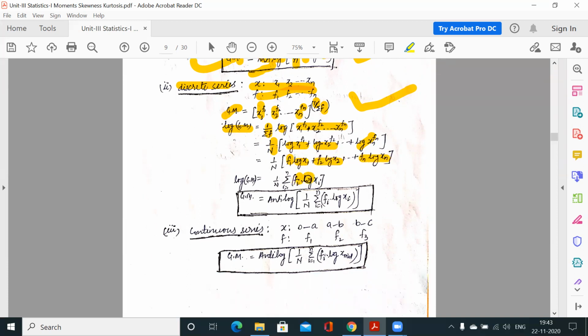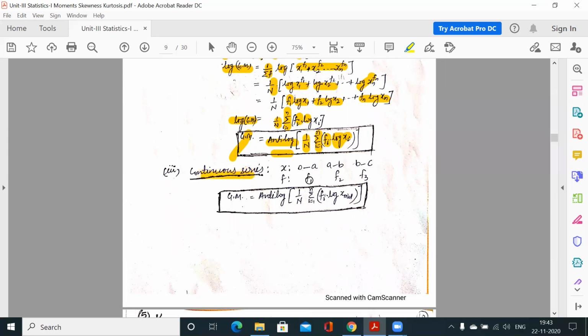So summation fi log xi divided by capital N. This is log of geometric mean. So geometric mean is the anti-log of this value. So directly, if we have discrete series, we will take the log of each x value, multiply by the corresponding frequency, add all these multiplications, divide by capital N, meaning summation of frequencies, and take the anti-log. So this will represent our geometric mean.